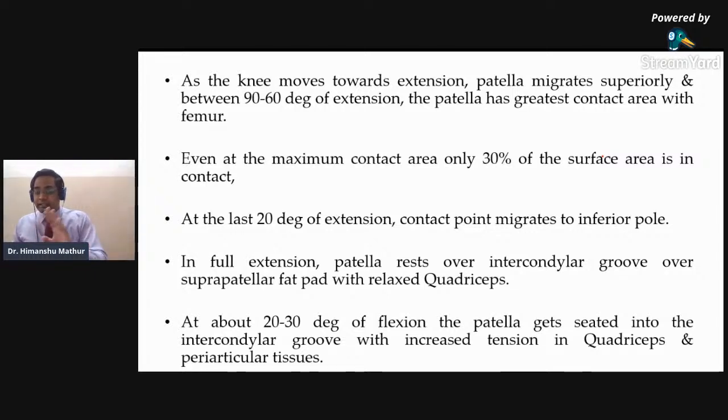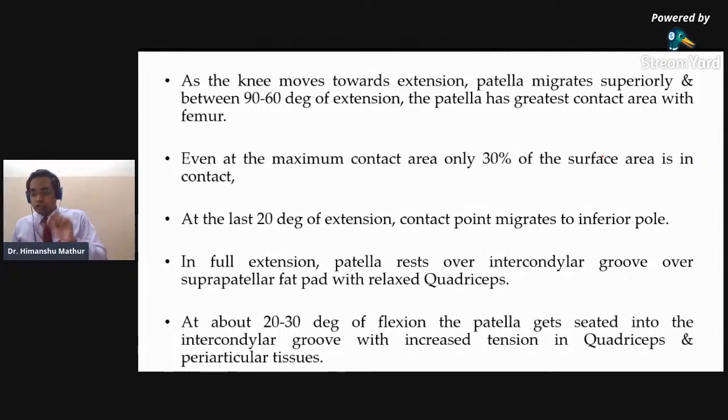It means that whenever you perform exercises in this range, from 90 degrees of knee flexion to 60 degrees of knee flexion, the surface area of contact will be larger. So the relative pressure will be lesser.